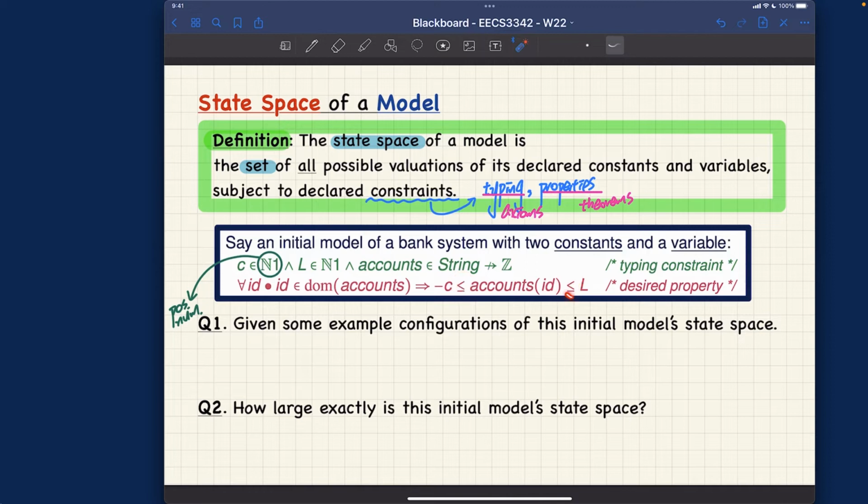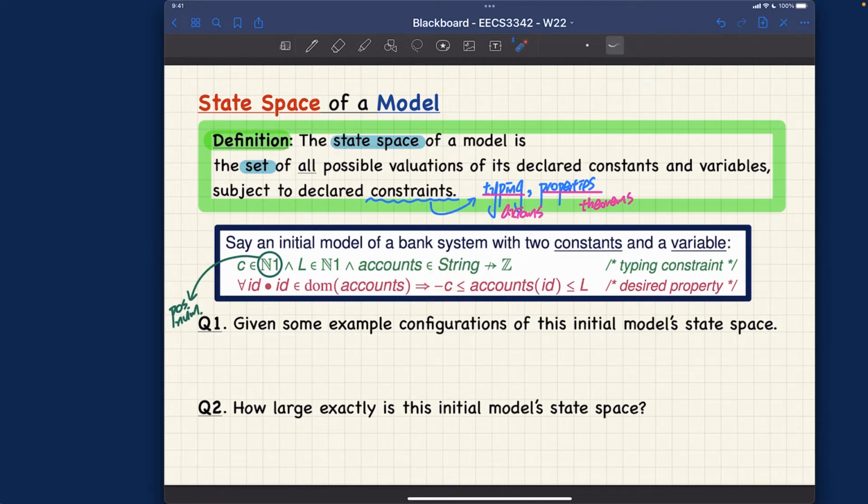It should not be more than the maximum limit on the account balance, and also it should be larger than or equal to the credit limit. For example, if the credit limit is 300, in that case, your account balance should be larger than or equal to minus 300, right? That's kind of the concept we already did. We already practiced in the lab.